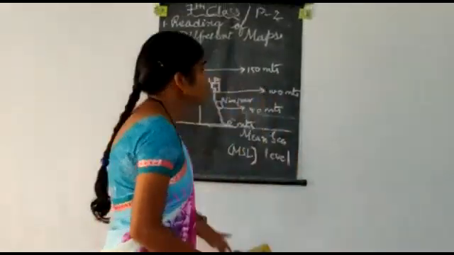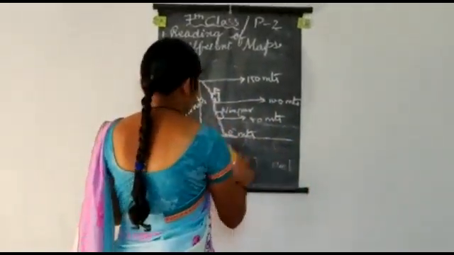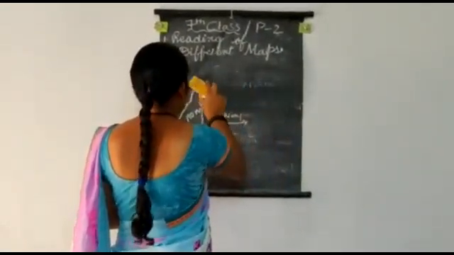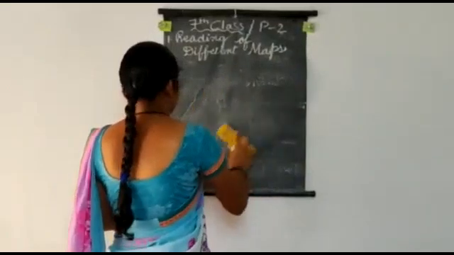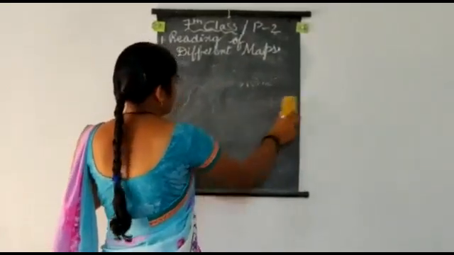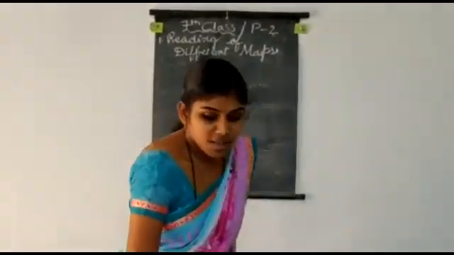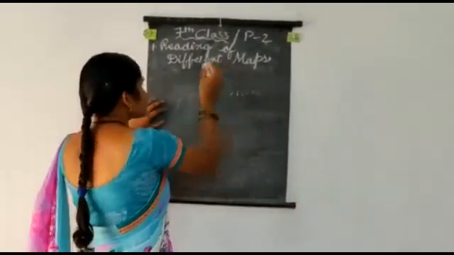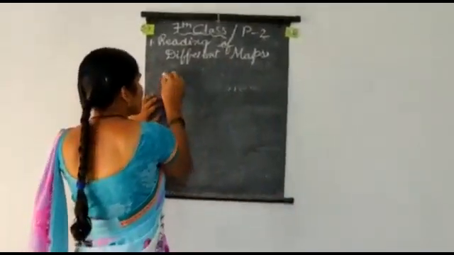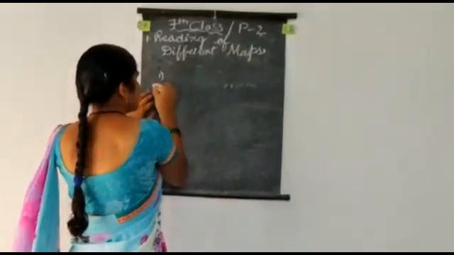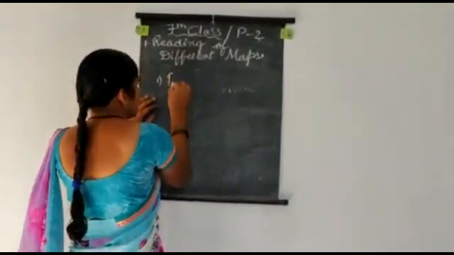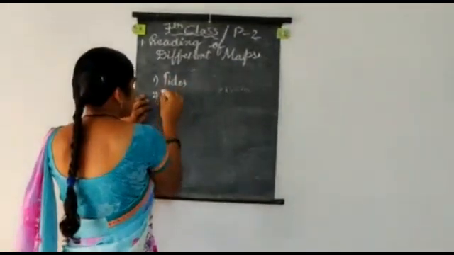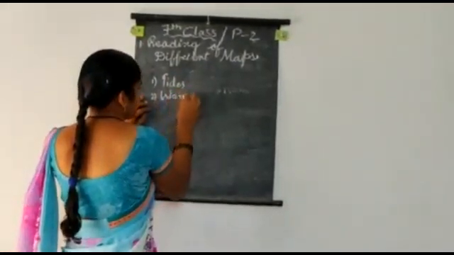Normally the movements of the ocean are 3 types. One is tides. Second one is waves.